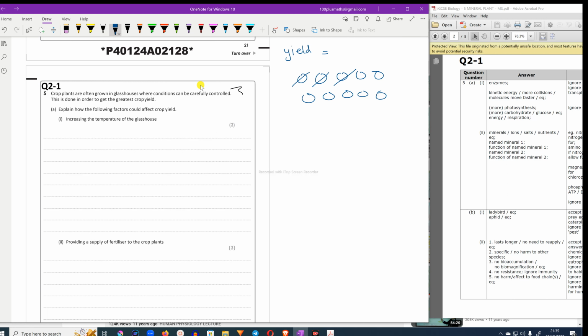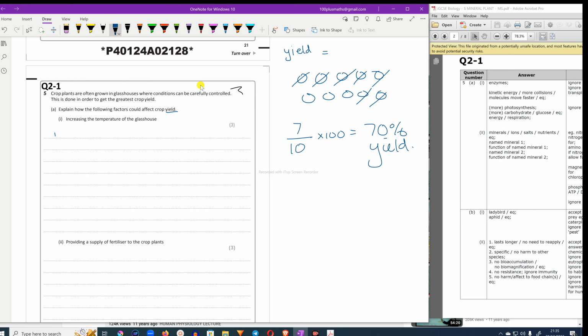I'm going to get 1, 2, 3, 4, 5, 6, 7. I'm going to get 7 plants out of 10 seeds. How do I turn that into percentage? Times 100. I will get 70% yield. Right. Explain how the following factors affect yield.